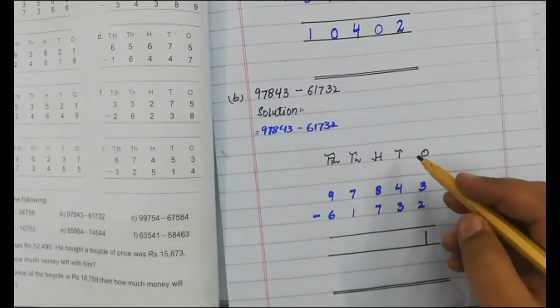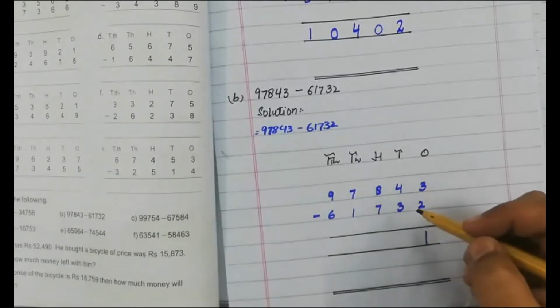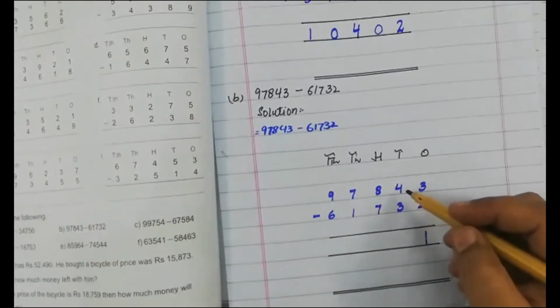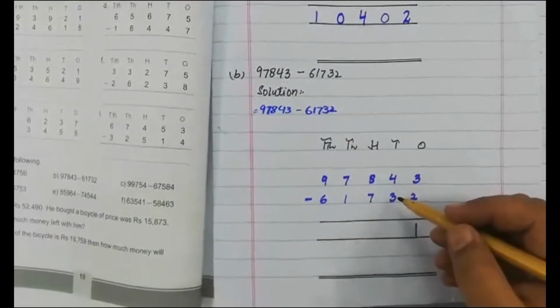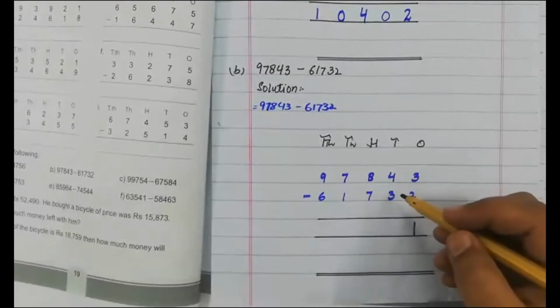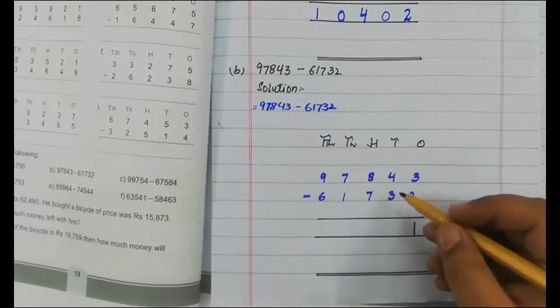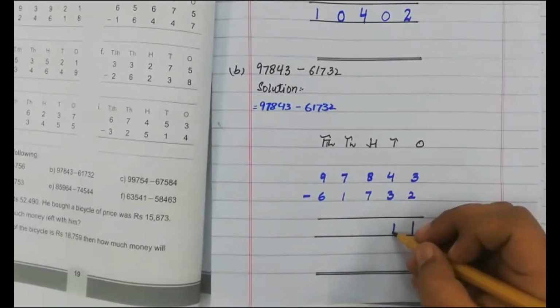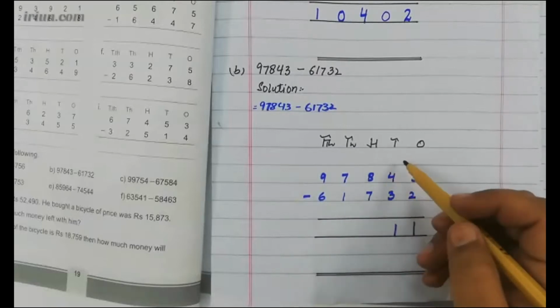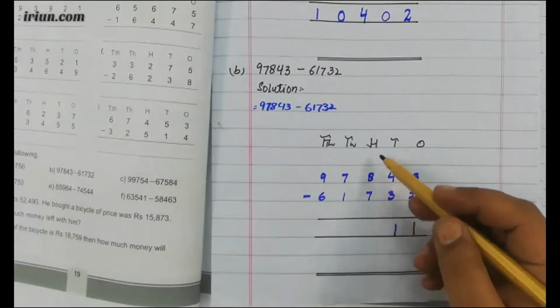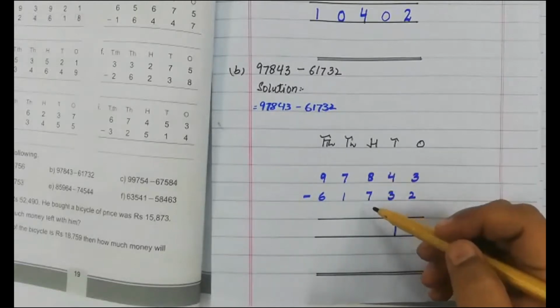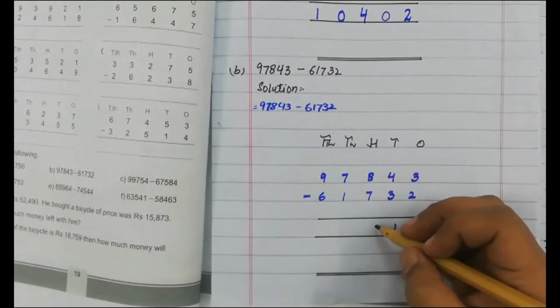Now we are moving towards our tens place, where 3 is less than 4. So 3 can be easily minus from 4. So we are left with 1. Now we are moving towards our 100th place. 8 minus 7, so we are left with 1.